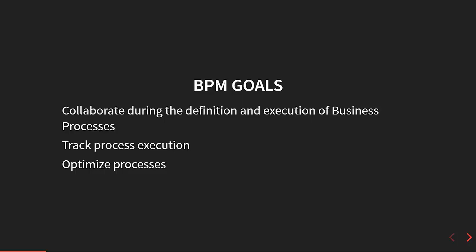So describing the process will help all the people involved to have a more global view of the process, so they collaborate better with each other. But also, having the automation helps us to track the execution and ultimately be able to optimize the process.